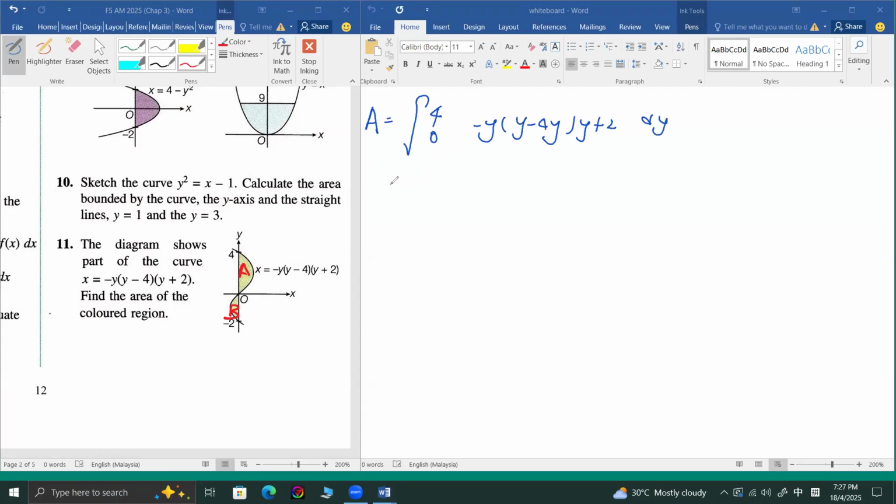To the right, you get the positive answer. And for B, the limit is 0, negative 2.